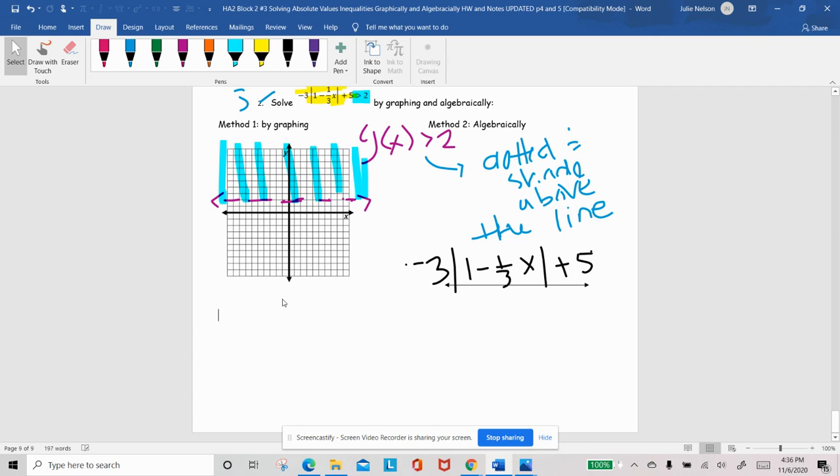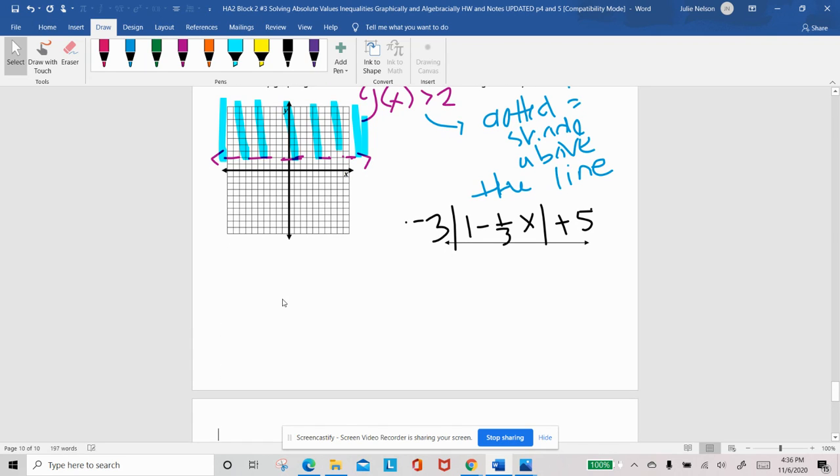So I need to make sure that I take care of that. I'm not changing the signs, all I'm doing is flip-flopping spaces. So instead of positive 1 minus 1/3 x, I'm just writing it as negative 1/3 x plus 1.